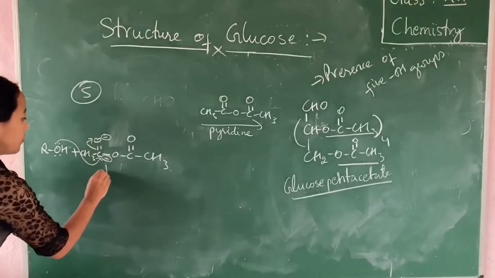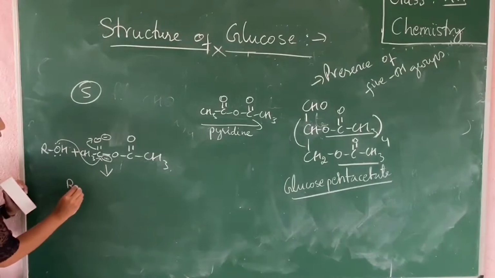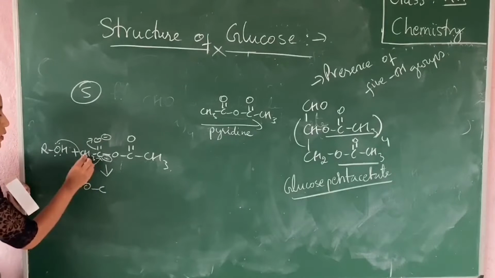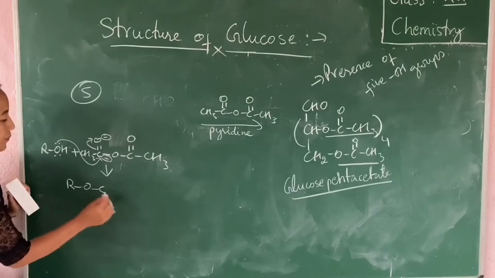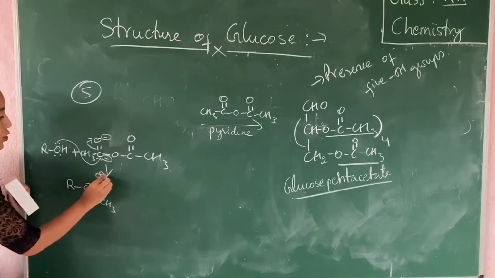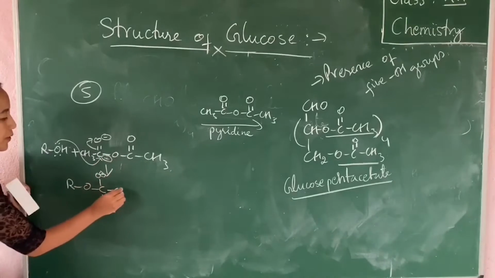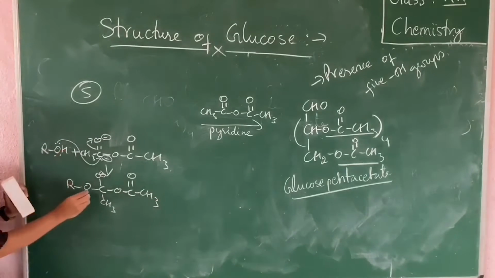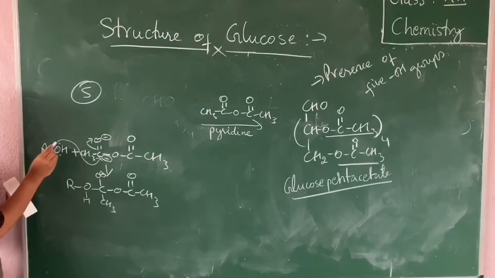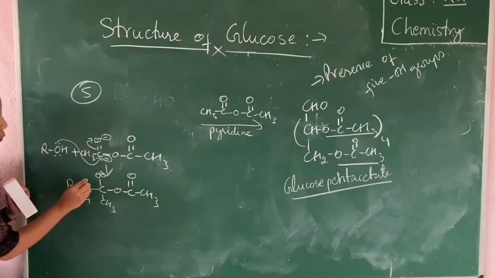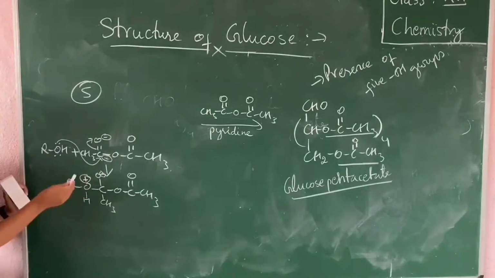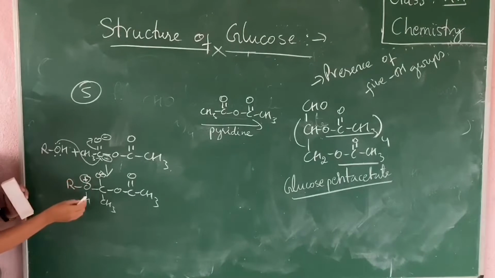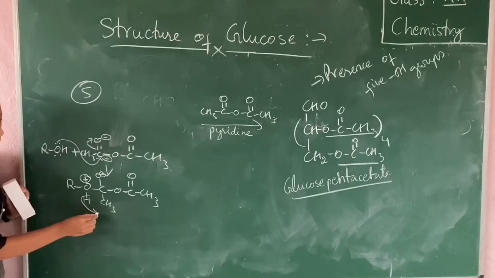Now this will lead to the formation of R, O, where O is connected to this carbon and this CH3, and then O with a negative charge, and then you have this O, C double bond O, CH3, and this O has 1 hydrogen atom. Since O is losing its lone pair of electrons, O will get a positive charge. In order to stabilize the positive charge on the oxygen atom, this hydrogen will leave in the form of H+.